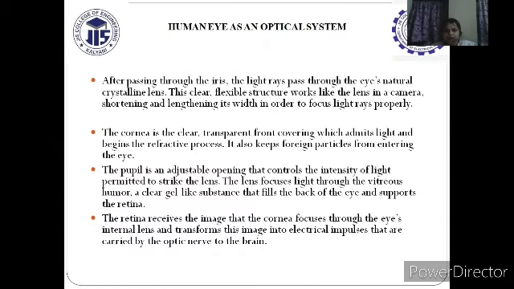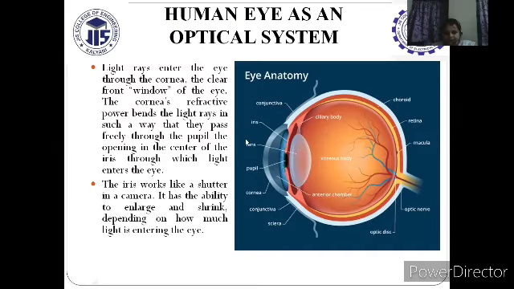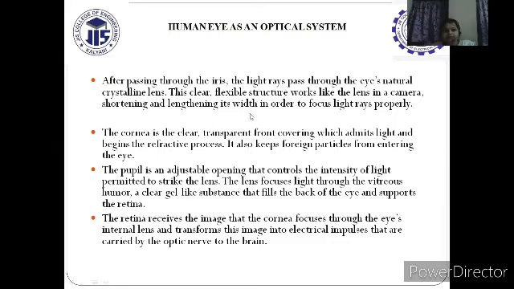After passing through the iris, the light rays pass through the crystal clear lens. This clear flexible structure works like a lens, and it can shorten and lengthen its width in order to focus light rays properly.